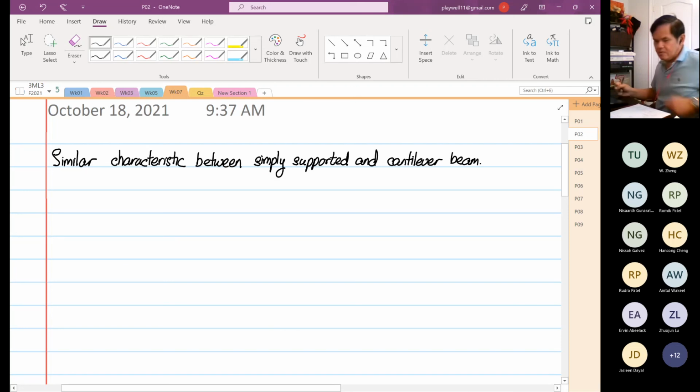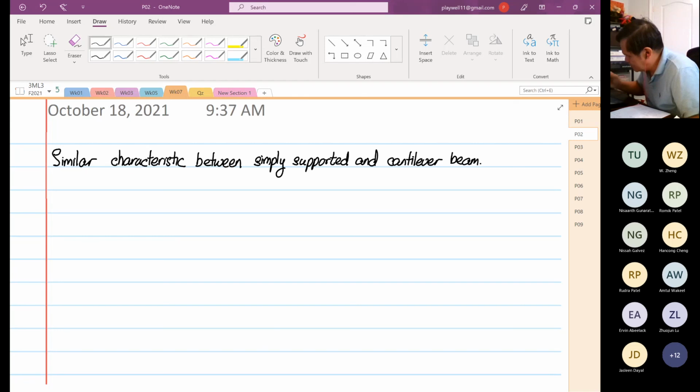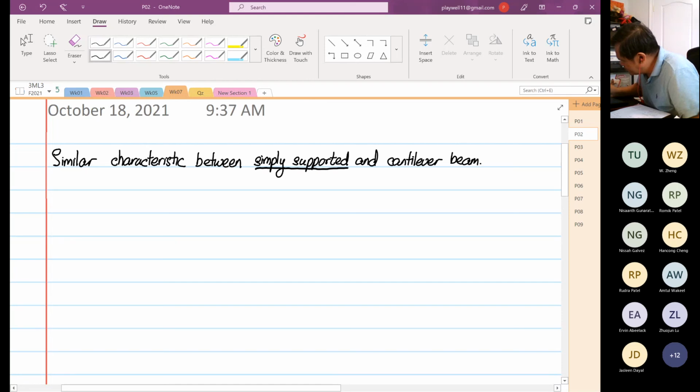There are two things here that I want you to learn. What are the similarities between a simply supported beam and a cantilever beam?